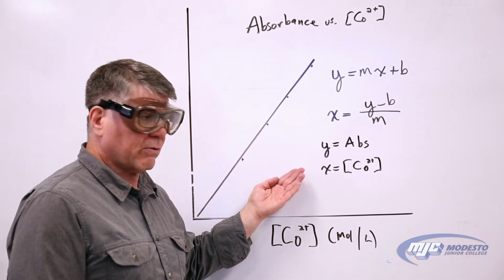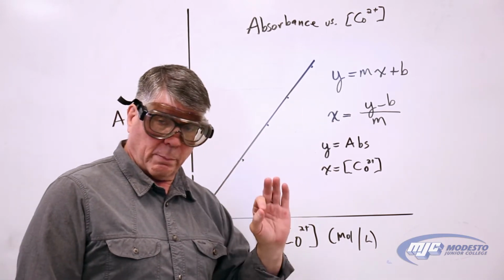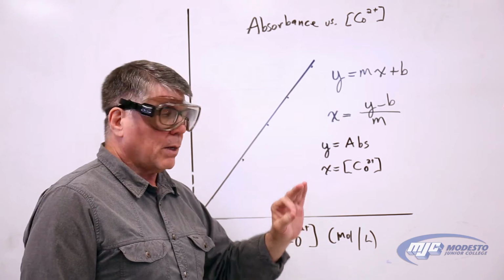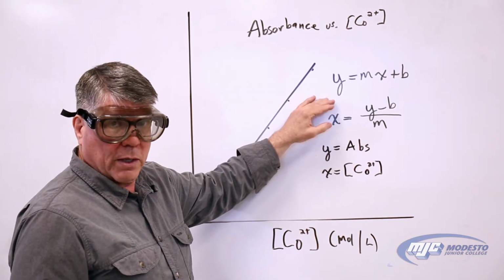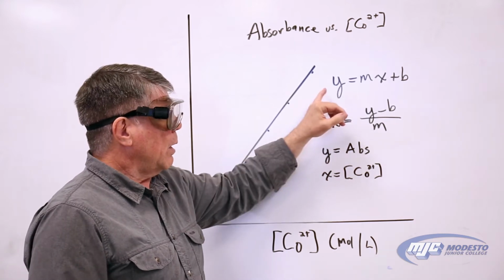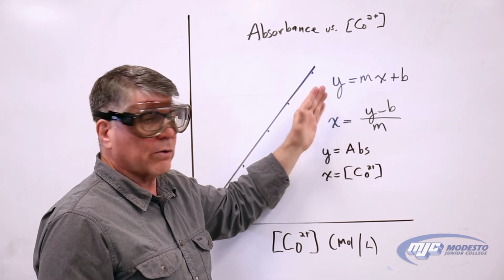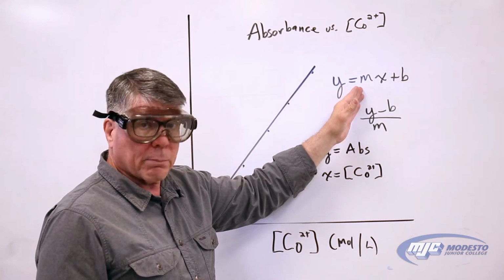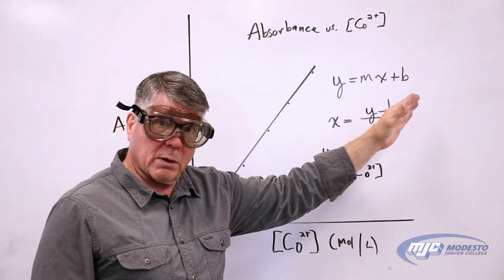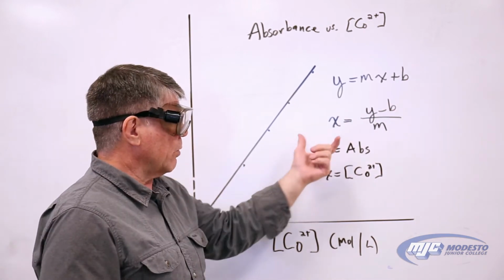It's going to plot the points, and you tell it to give you the equation of the best fit straight line. It's going to give you an equation in this form, y equals mx plus b, which you should be familiar with. m is a slope, b is a y-intercept. It's going to give you something that looks like y equals some number, which is a slope, x, plus some number, which is the y-intercept. In this experiment, we're concerned with x.